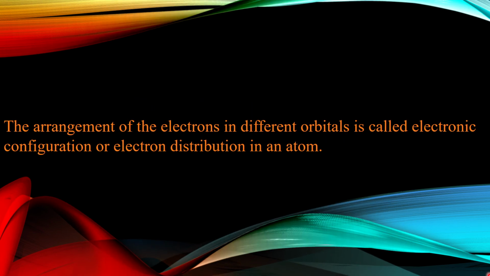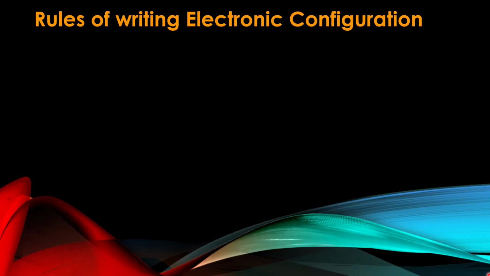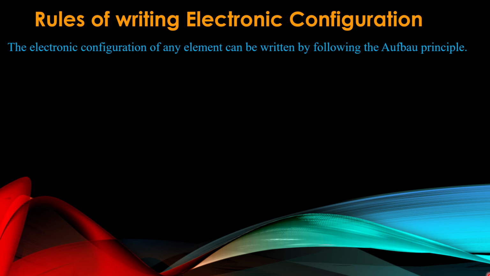Dear students, already we know what electronic configuration is. The arrangement of the electrons in different orbitals is called electronic configuration or electron distribution in an atom. Now, the rules of writing electronic configuration. The electronic configuration of any element can be written by following the Aufbau principle.